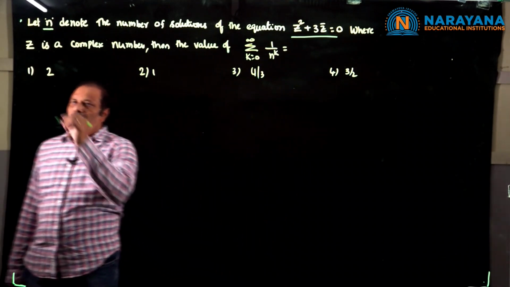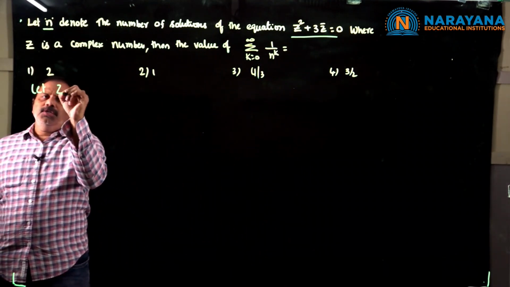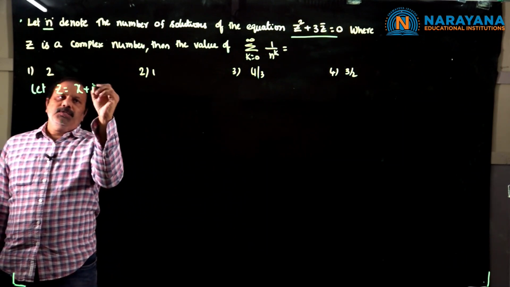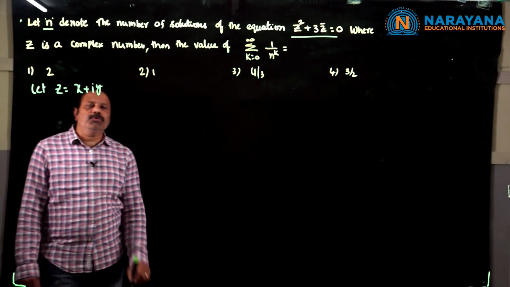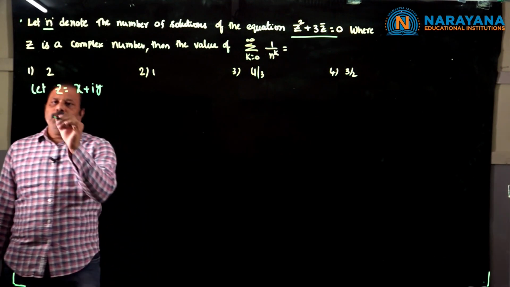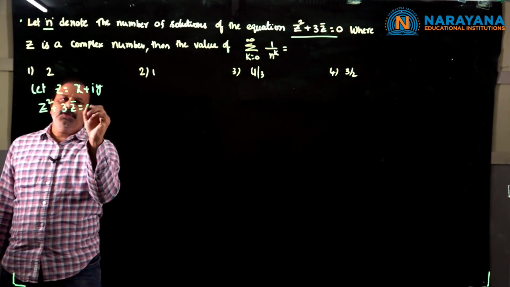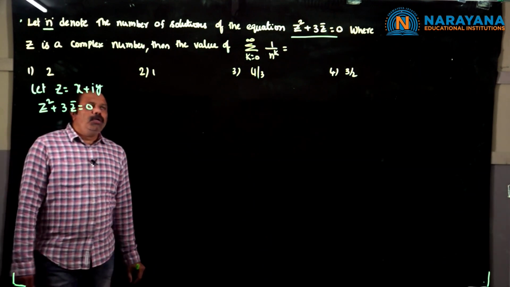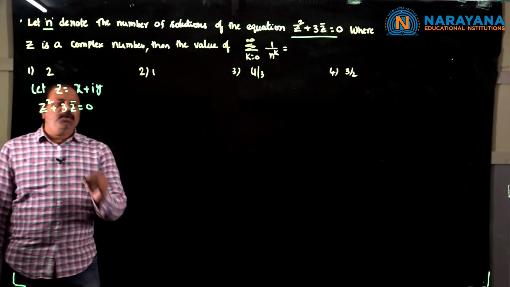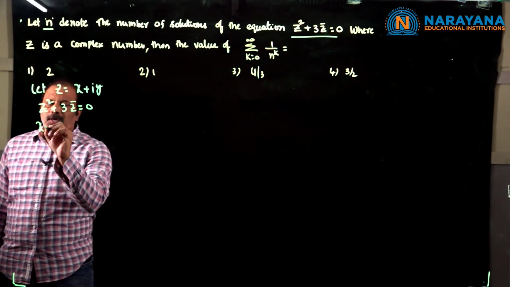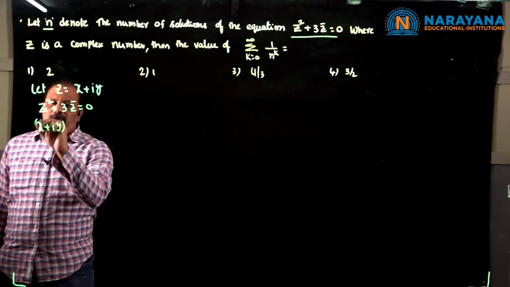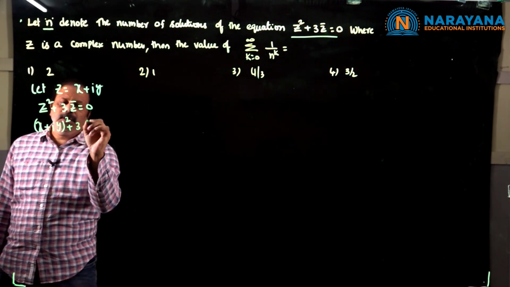Let z is equal to x plus iy. Now consider z squared plus 3 z bar is equal to 0, meaning that (x plus iy) whole square plus 3 times z bar is equal to 0.